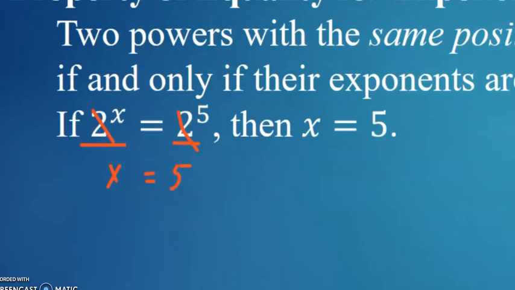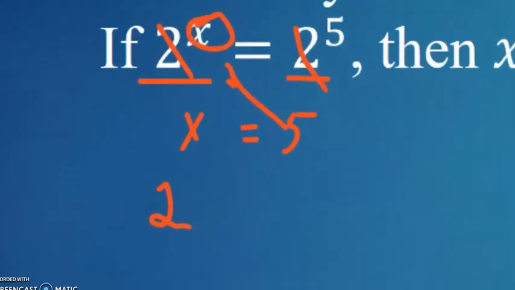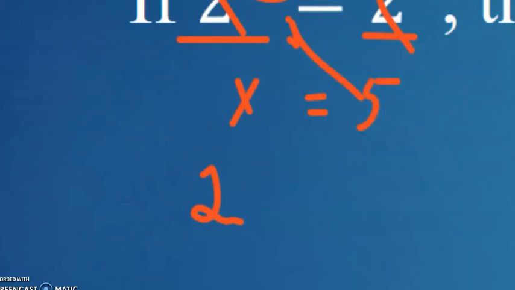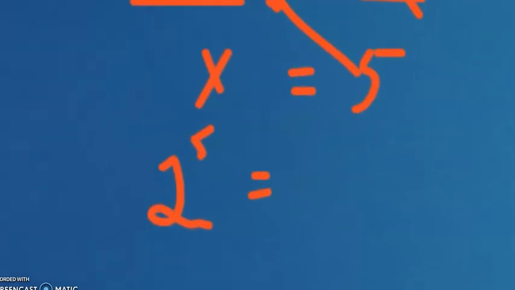If you substitute your answer instead of x, it just gives you 2 to the fifth power, equal to 2 to the fifth power.